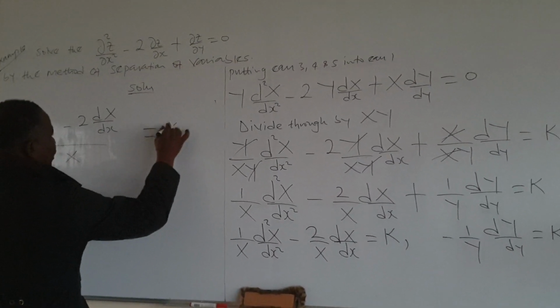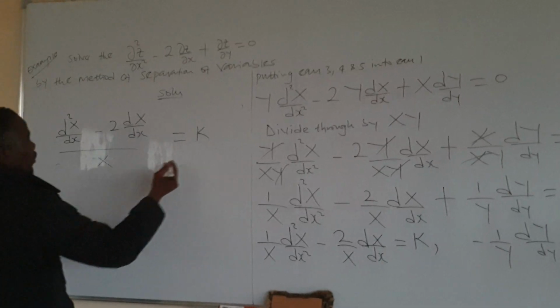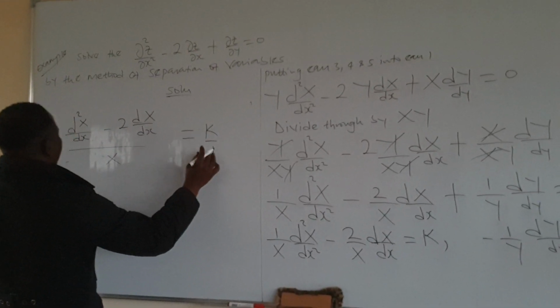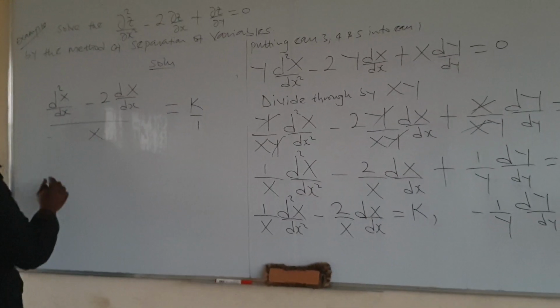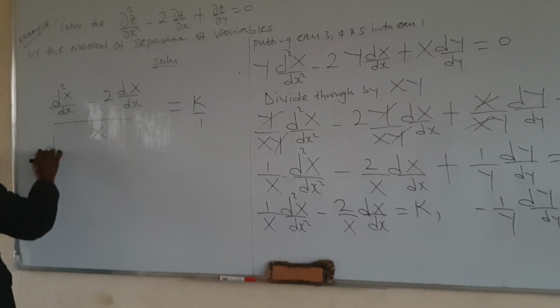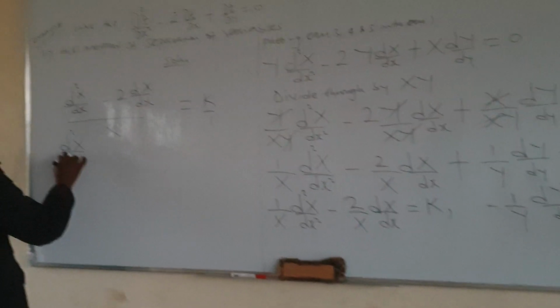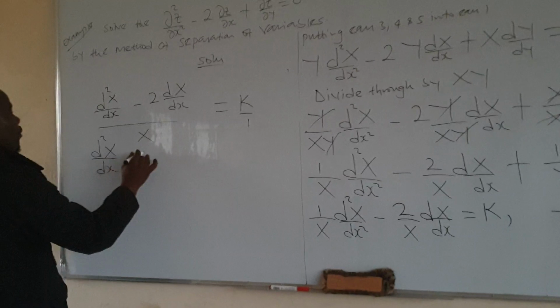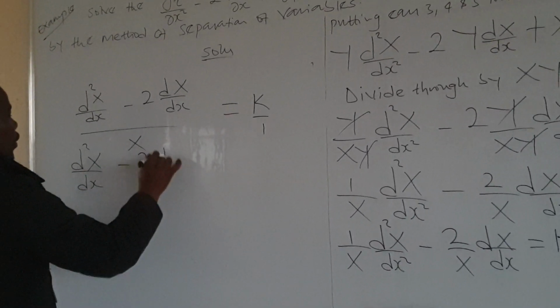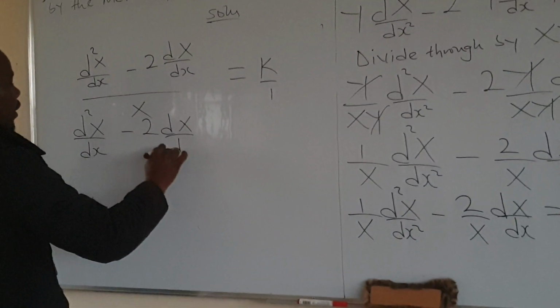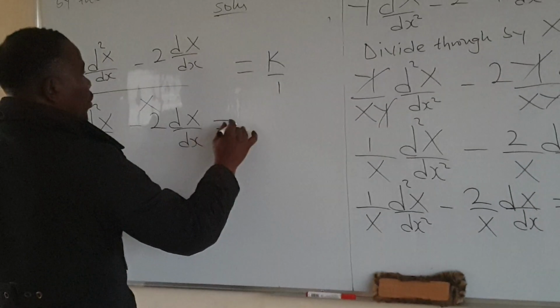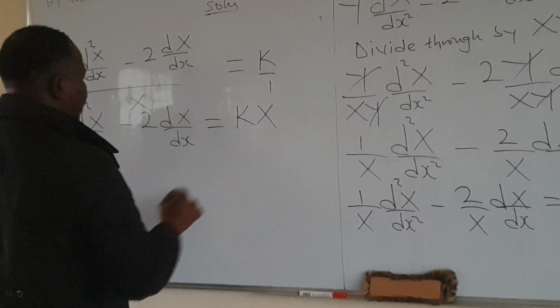K equals to k. So if you agree with me, we cross multiply. So our d squared x all over the x minus 2 dx all over the x is equals to kx.